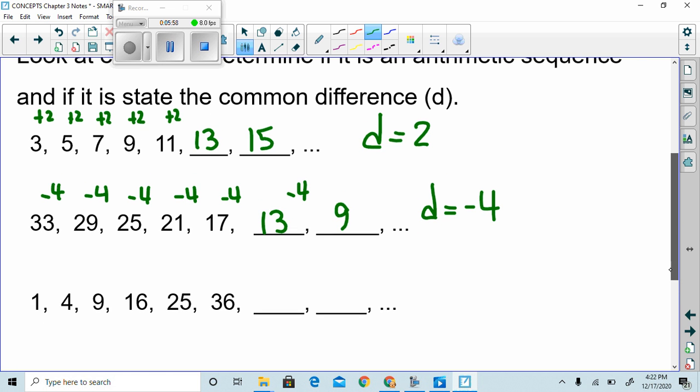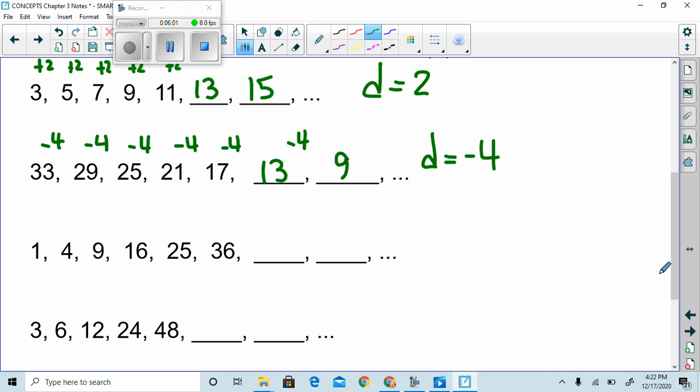All right. Next one. Now again, looking for a pattern, it doesn't always have to be adding, because if it's not a constant, we might have to sometimes multiply or look for another kind of pattern. 1 to 4, 4 to 9, 9 to 16. This is not arithmetic.